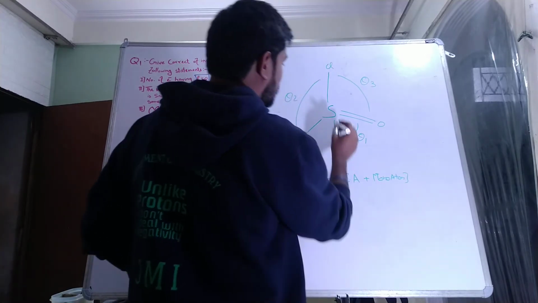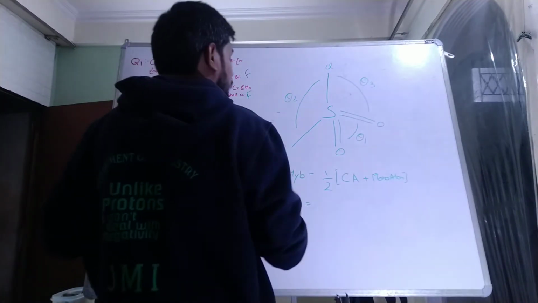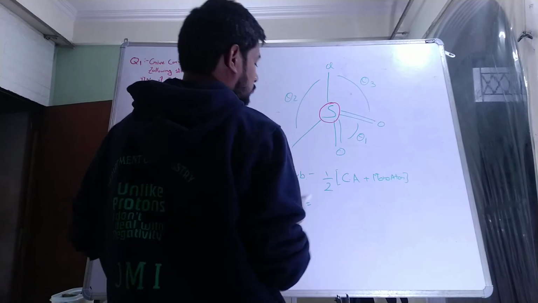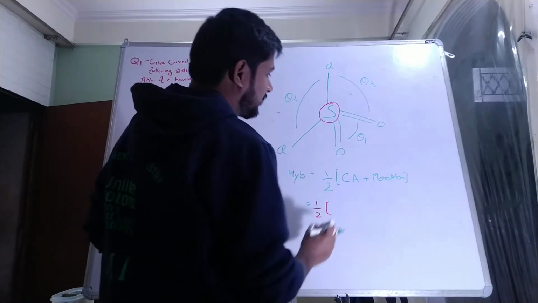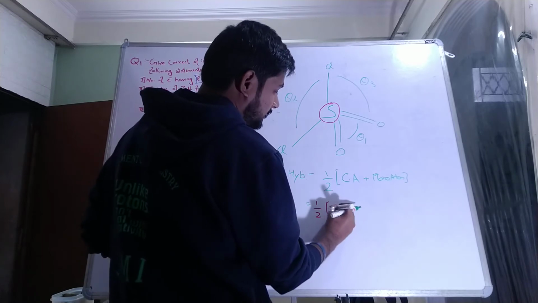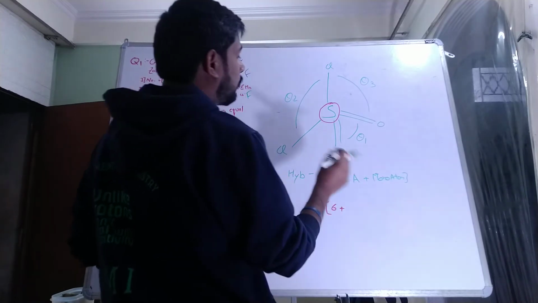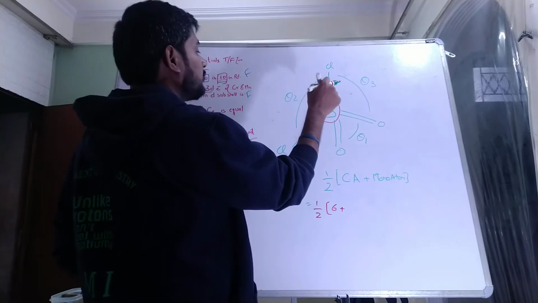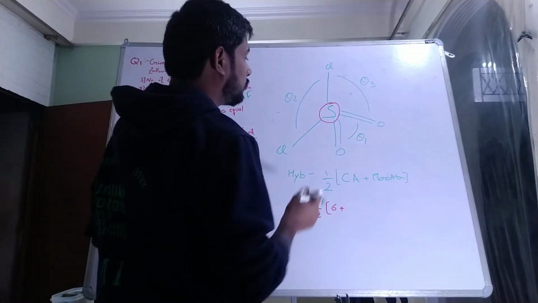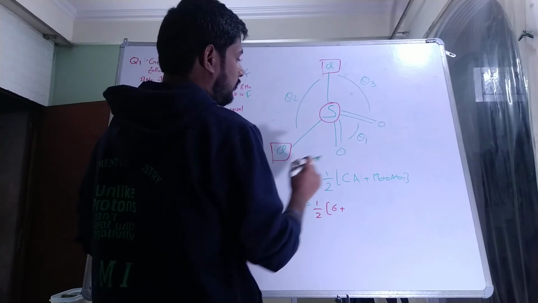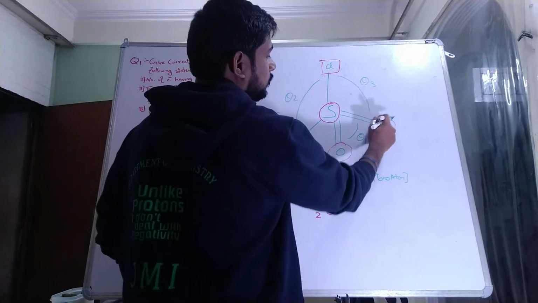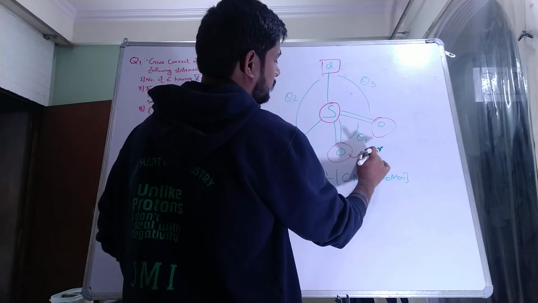So the central atom in this is sulfur. Sulfur has 6 electrons in its valence shell. It will be 6 plus the monovalent atoms. In SO2Cl2 we have 2, since 2 Cl are monovalent and 2 oxygen are divalent.